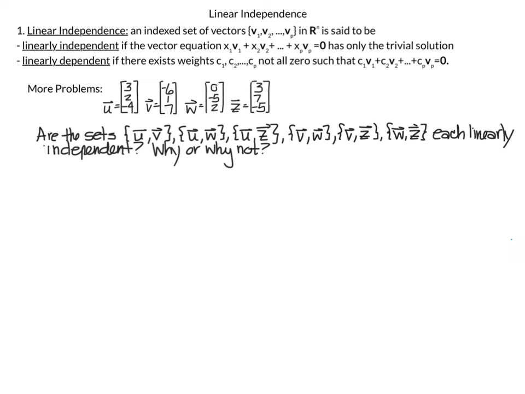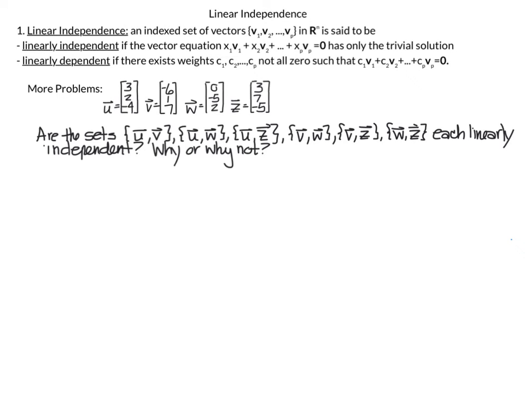The first problem is: u is the vector (3, 2, -4), v is the vector (-6, 1, 7), w is the vector (0, -5, 2), and z is the vector (3, 7, -5). Are the sets {u, v}, {u, w}, {u, z}, {v, w}, {v, z}, and {w, z} each linearly independent? Why or why not?